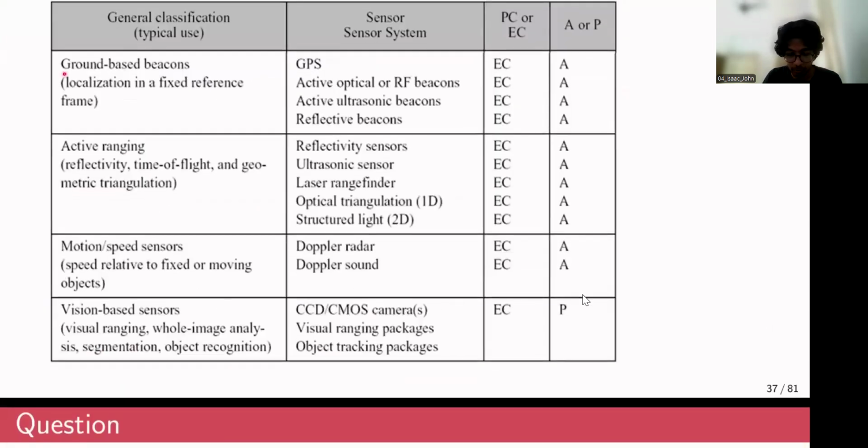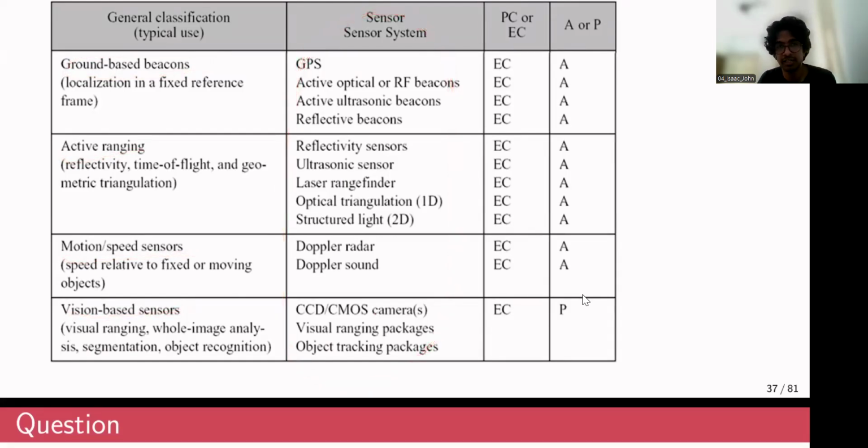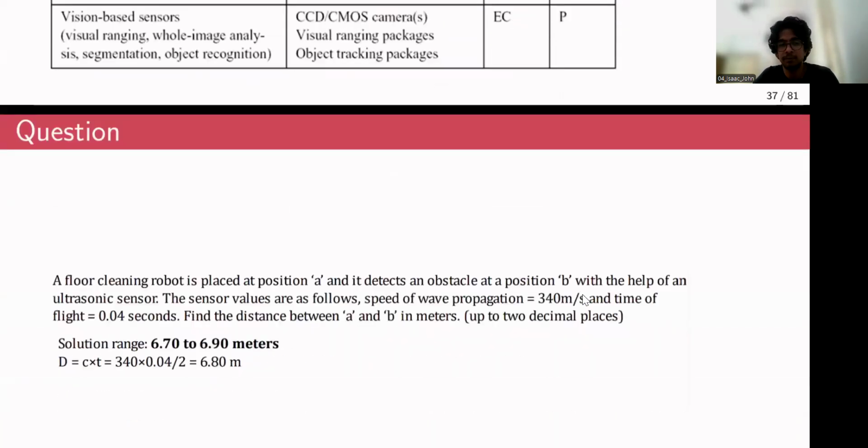Then we have seen ground-based beacons for localization, then range sensors, motion or speed sensors, and vision-based sensors. There are various kinds of such sensors, and whether they are PC or EC or active or passive, we have also seen that as well.